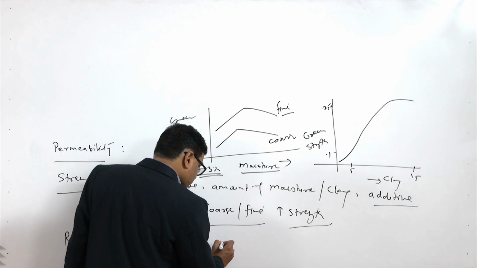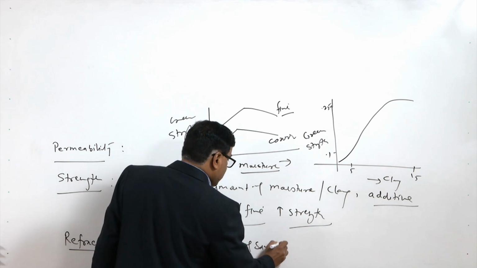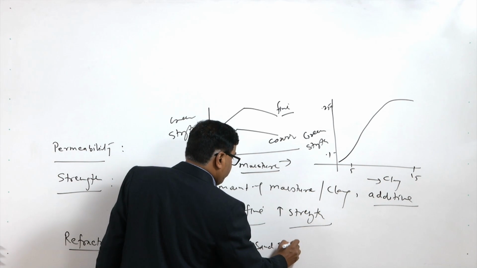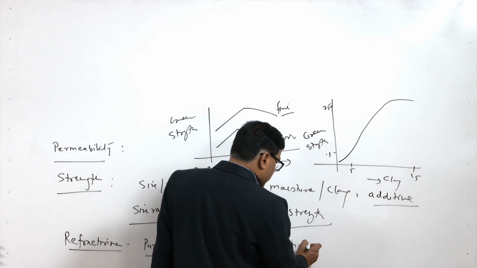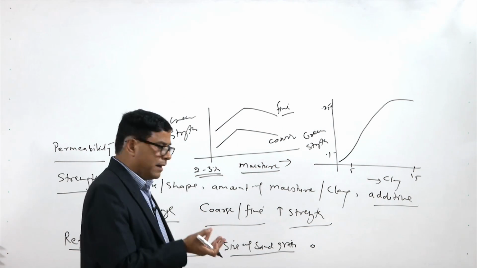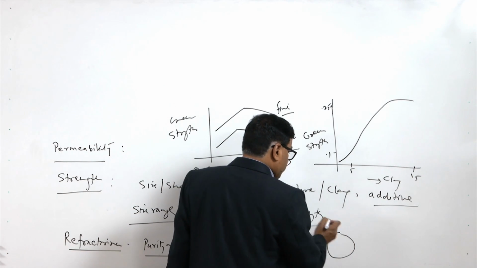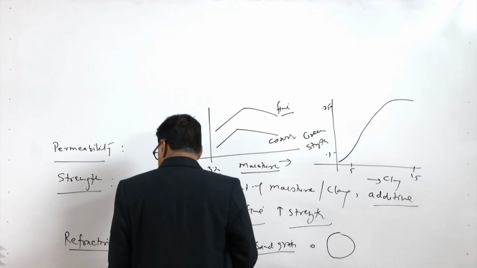Then coming to the size of the sand grains, fine size particles or sand grains result in the reduced refractoriness, because they will start getting fused easily as compared to the large size sand particles.